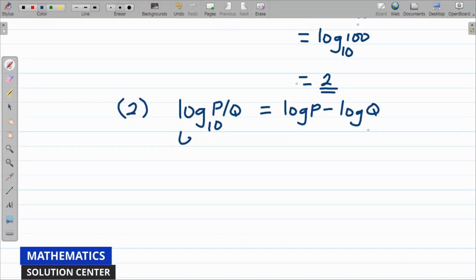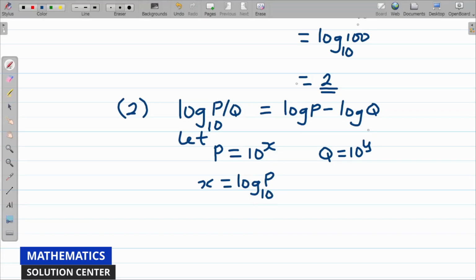Let p be equal to 10 raised to the power x, and q equal to 10 raised to the power y. Therefore, x is equal to log p base 10, and y is equal to log q base 10.